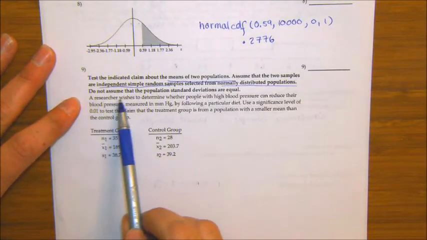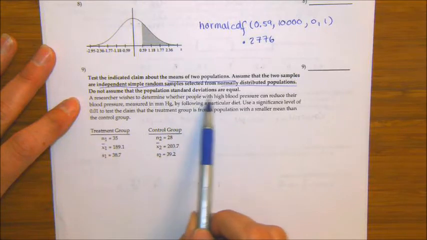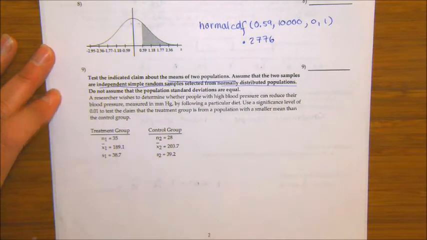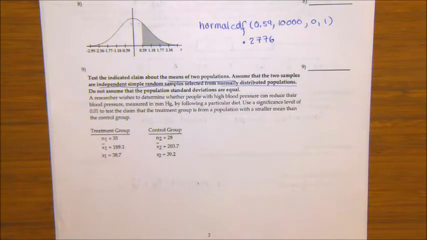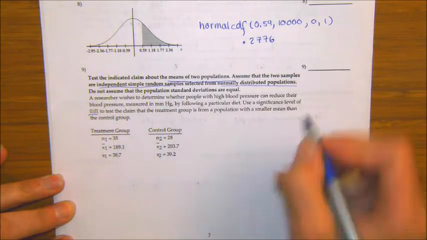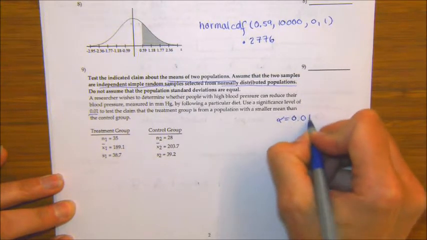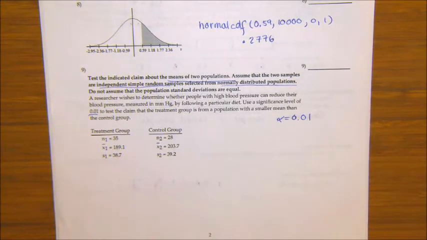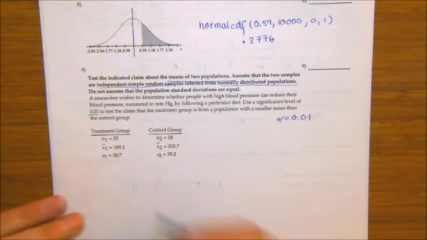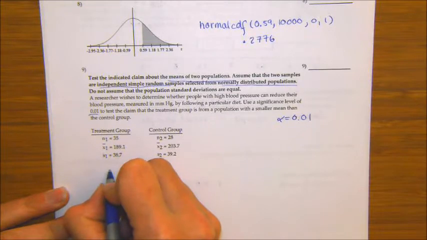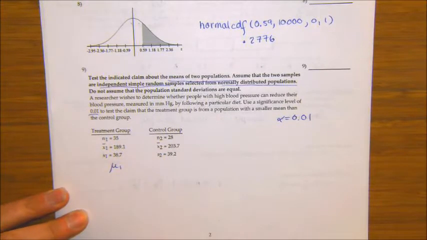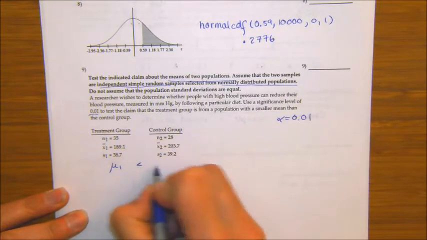A researcher wishes to determine whether people with high blood pressure can reduce their blood pressure measured in mmHg by following a particular diet. Use a significance level of 0.01, that's our alpha, to test the claim that the treatment group is from a population with a smaller mean than the control group. Okay, so we're comparing means. So for the population, that would be mu1 is less than mu2.